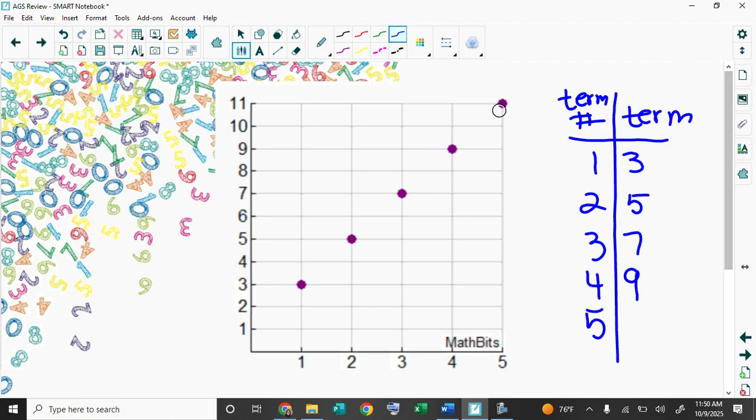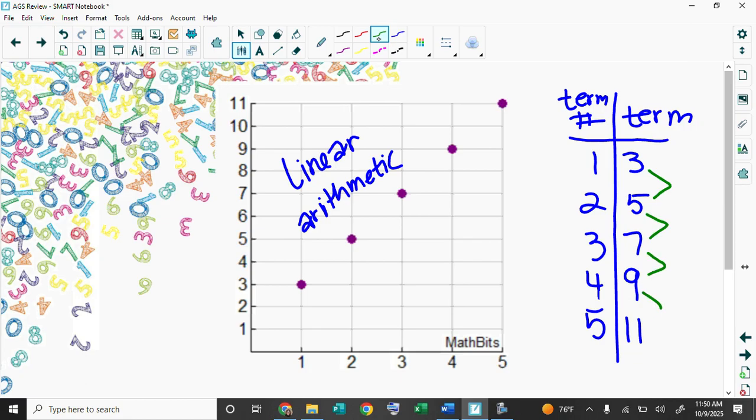Fifth term is 11. You should know, since this is linear, that our sequence is going to be arithmetic. As I was writing these down, you could have found your common difference. What's your common difference between each one of these? It is add 2.